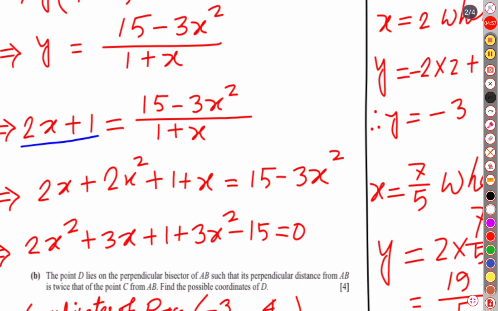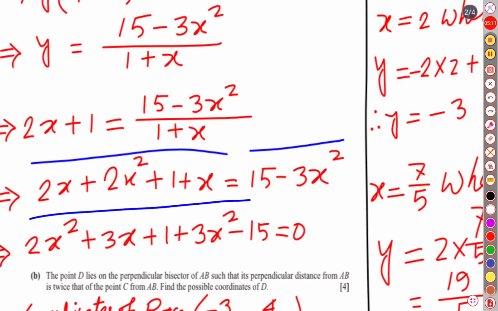Ultimately our left side is going to be this, and the right side is 15 minus 3x squared. So it is visible that it's a quadratic equation. In this quadratic equation, we write all of them on the left side, and the right side is 0, because as x squared appears, it is a quadratic equation.